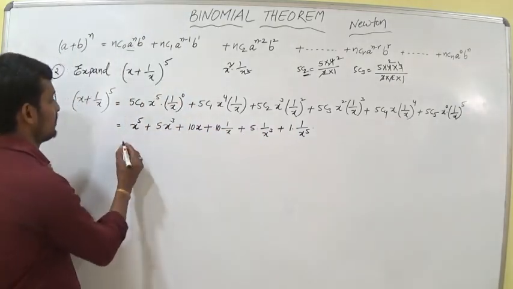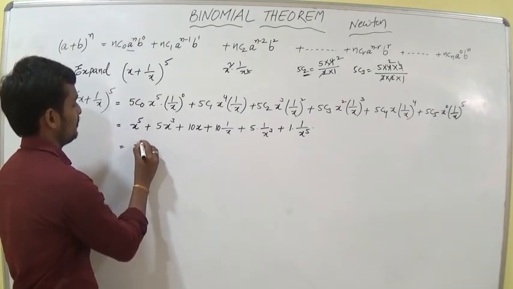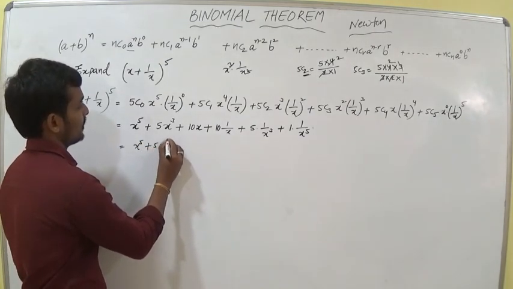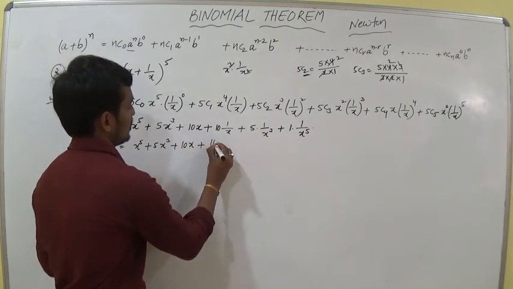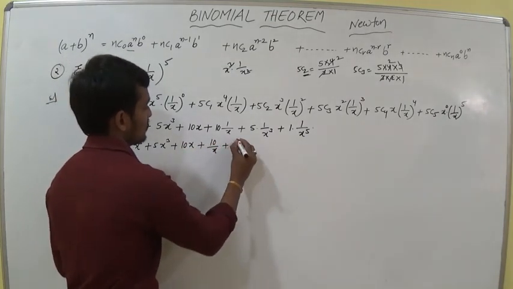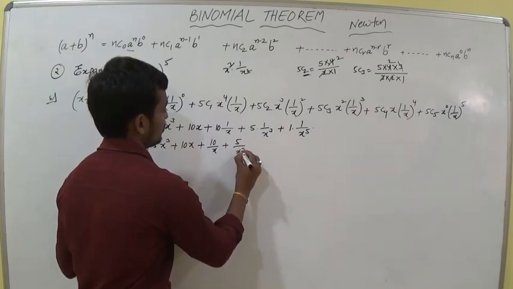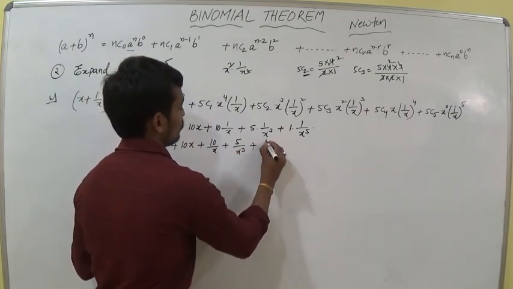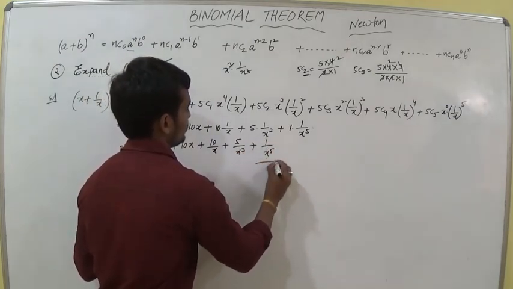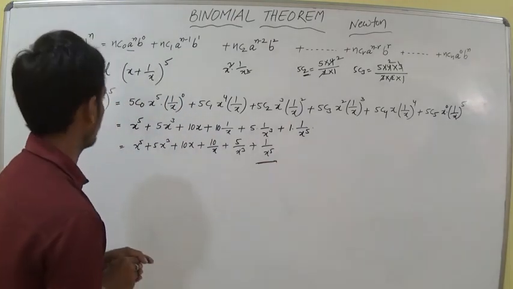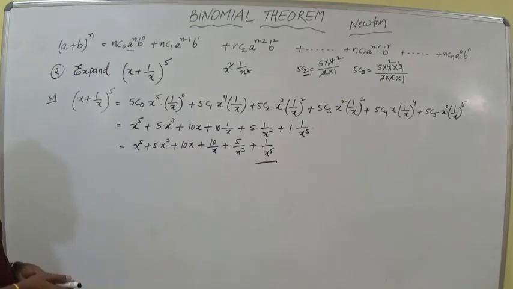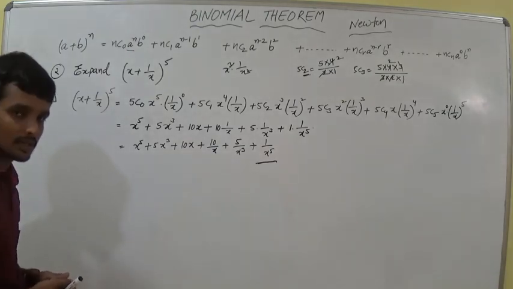So if you simplify: x power 5 plus 5x cube plus 10x plus 10/x plus 5/x cube plus 1/x power 5. This is the answer, the expanded form of our given problem (x + 1/x) whole power 5. Did you understand?